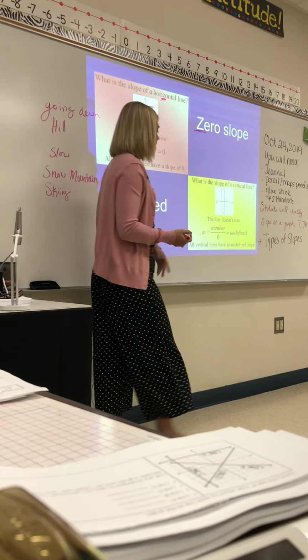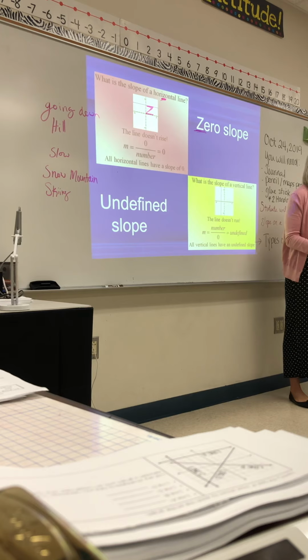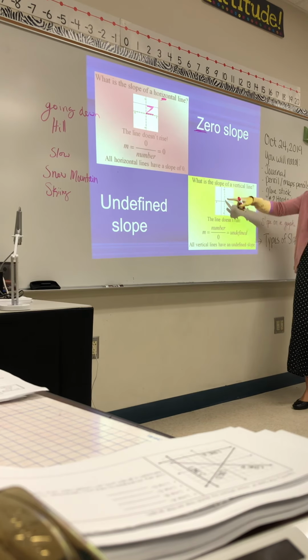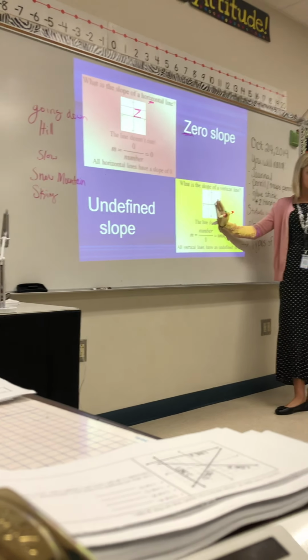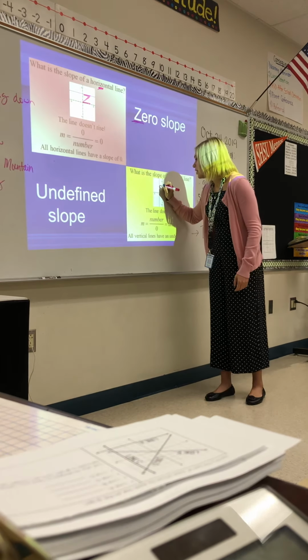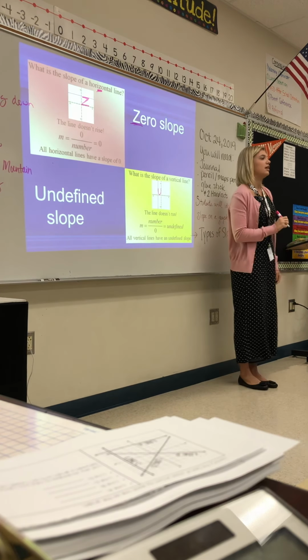And then we look at this undefined line. Well, it's a vertical line. That doesn't really help us that much. But what we can do is we can also create, using our line and our y-axis, a U for undefined.